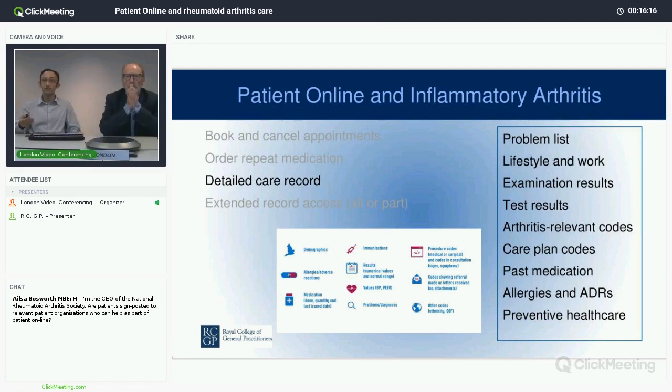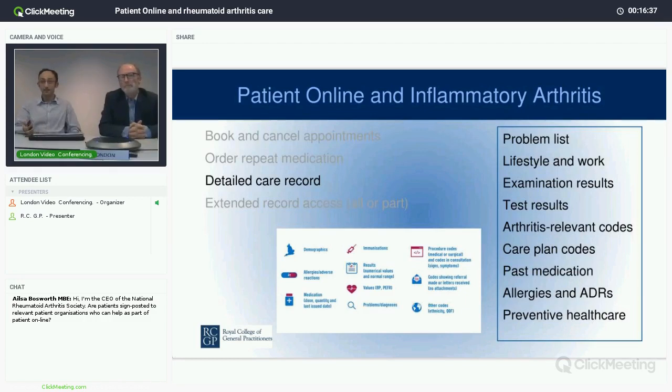But Patient Online gives them these test results. It will have the arthritis relevant codes. Like I said, often practices will code as part of the annual review their current disease activity or how they've been managing. And often the care plan codes themselves are in the detailed coded record.